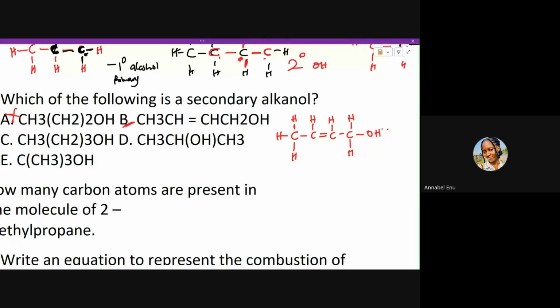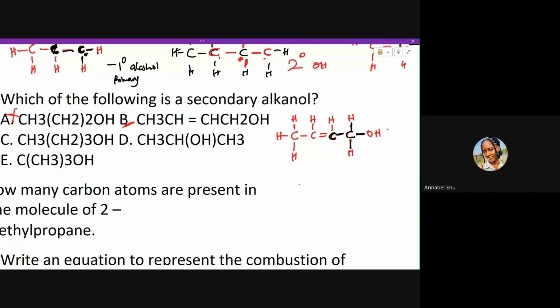So let me write that. Now this is the carbon carrying the OH group. One is OH, hydrogen, hydrogen, only one other carbon. Now let's draw the C and D quickly.